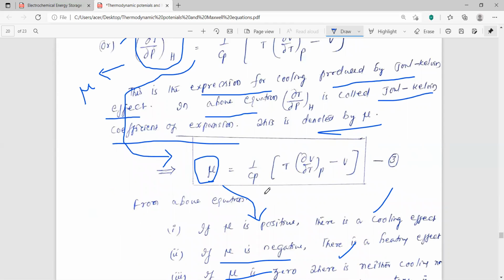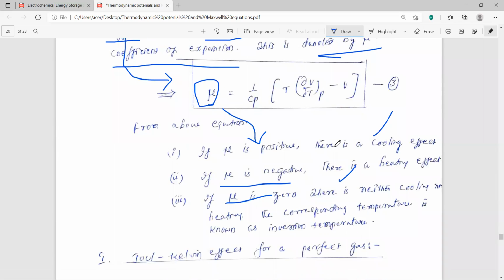If mu is positive, there is a cooling effect due to the Joule Kelvin effect. If mu is negative, there is a heating effect. If mu becomes 0, the gas is neither cooled nor heated. That is what the mu value represents.